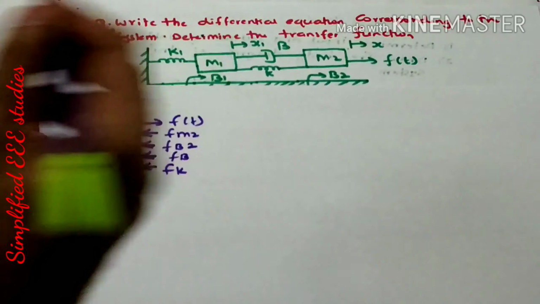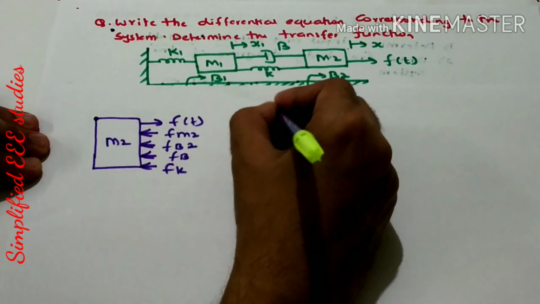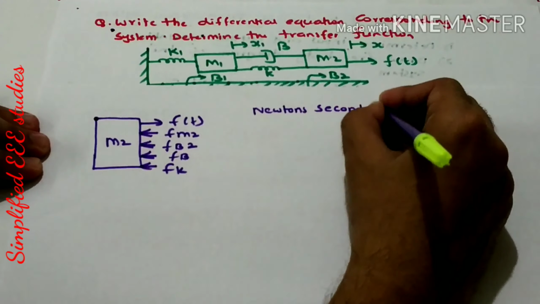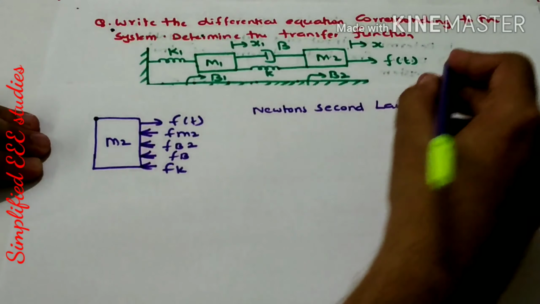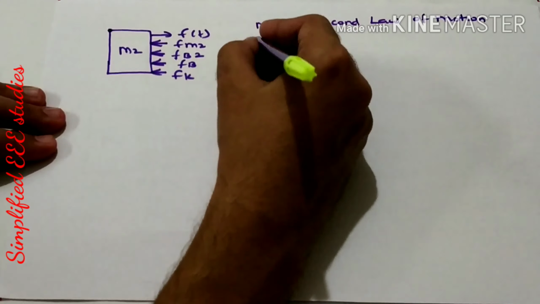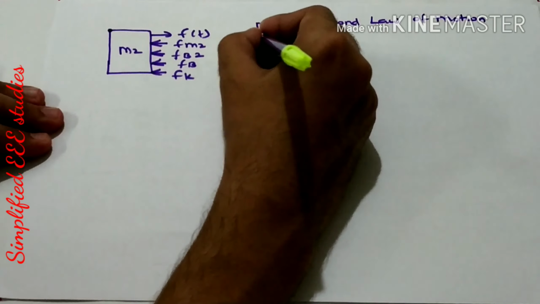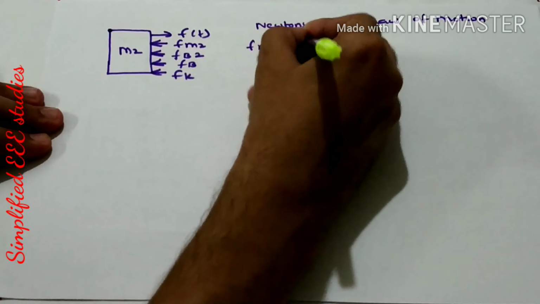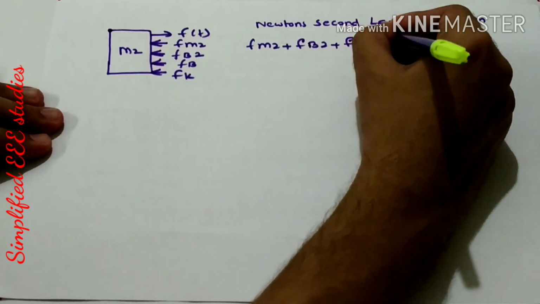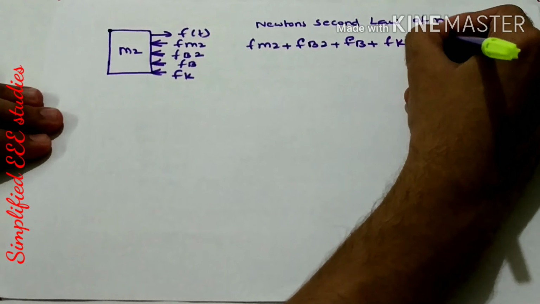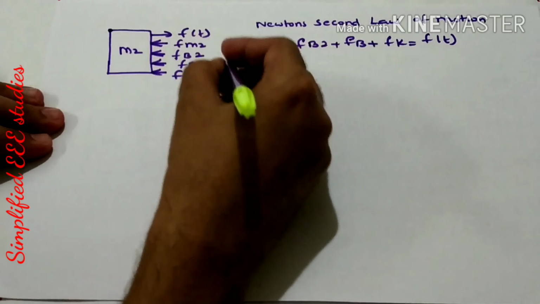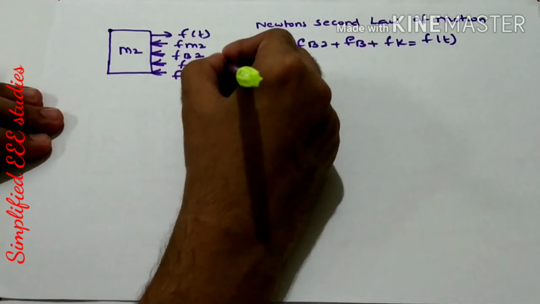That is right. Now apply Newton's second law of motion. Then how will it become? Fm2 plus Fb2 plus Fb plus Fk, that is equal to F of t. Now we can write the equations. What is the equation for Fm2?